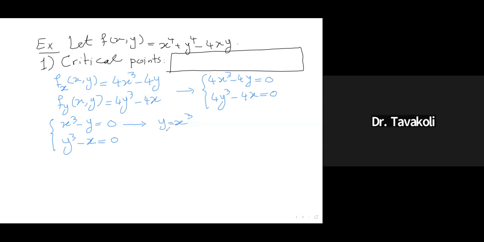Then I substitute this into the second equation, y cubed minus x equals 0. I replace y by x cubed. X cubed cubed is x to the 9, so x to the 9 minus x is 0.